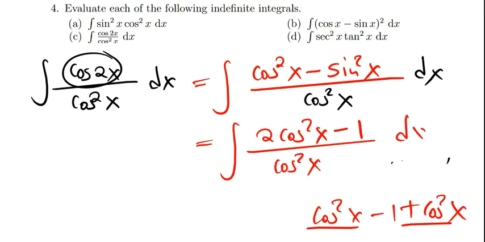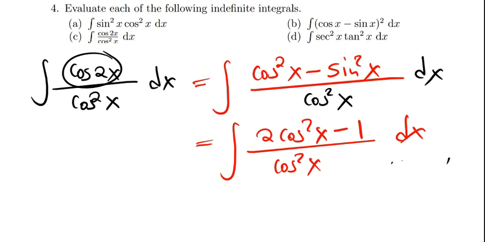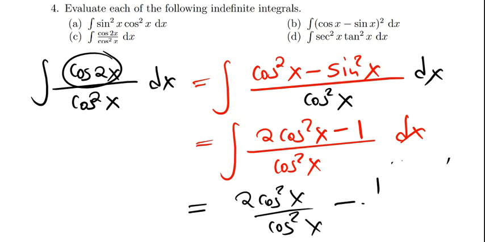And we can divide each top part individually by the common denominator. So split it. 2 cosine squared of x divided by cosine squared of x, and the other part is 1 over cosine squared of x dx.